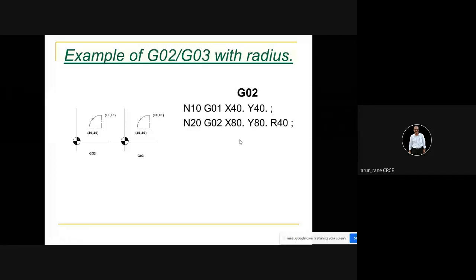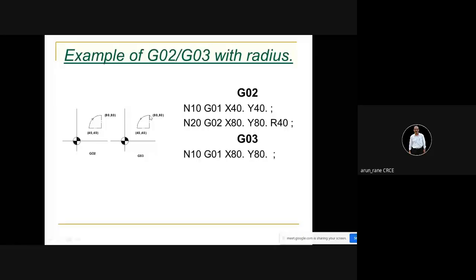Now suppose it is G03. So here the start point is X80, Y80. From here we are going anti-clockwise or counterclockwise, that is CCW. So for G03 the endpoint is absolute.